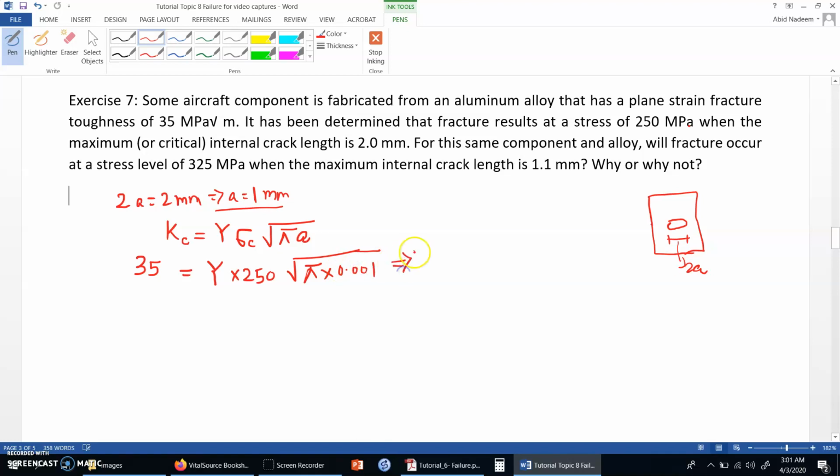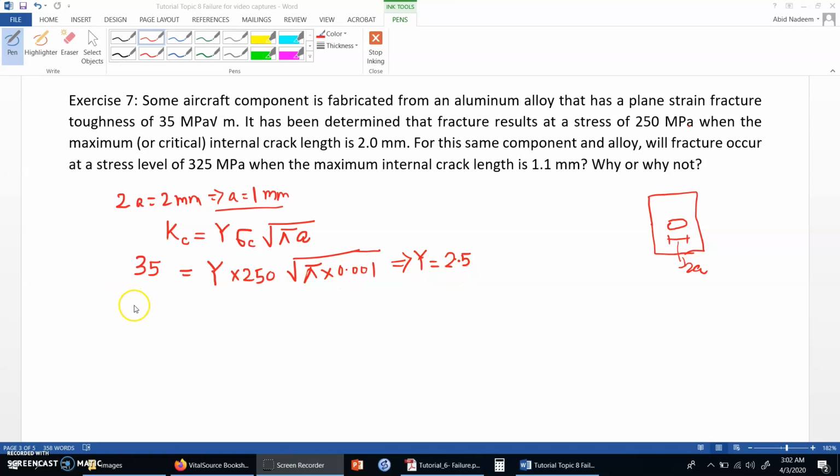From here you can find the value of Y, which is equal to 2.5. So the value of Y is 2.5, and it is a dimensionless number.